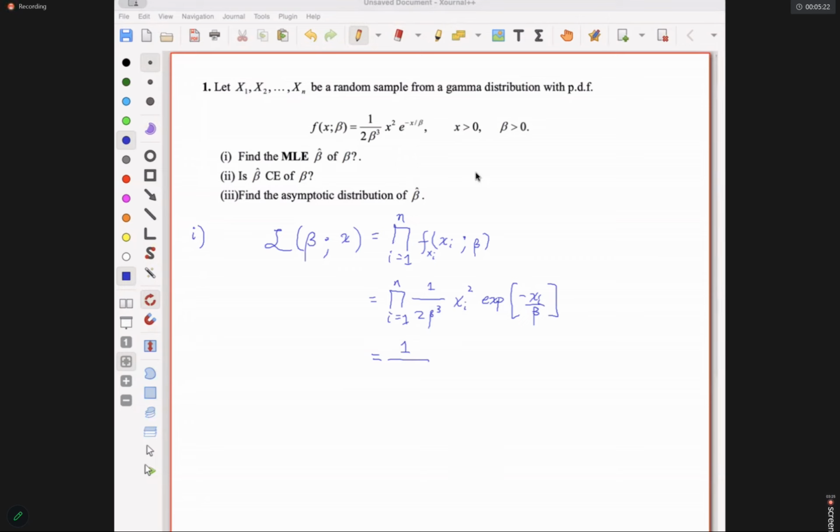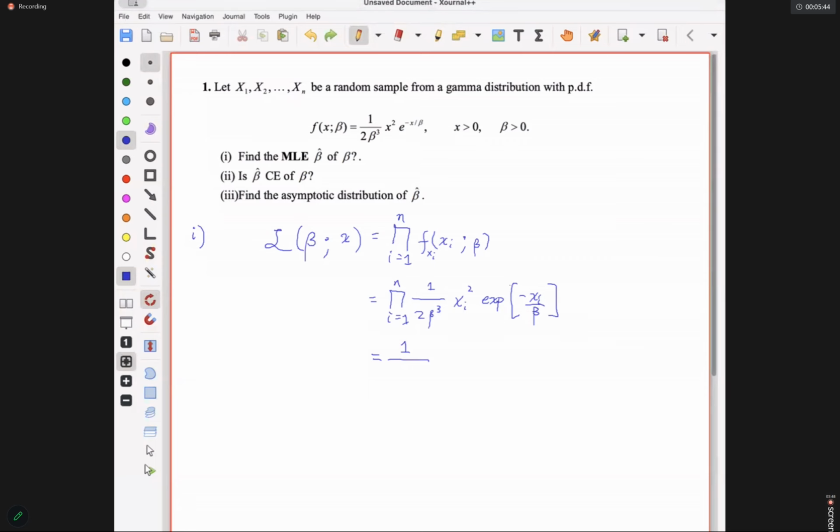Well, we want to bring this 1 over 2 beta cubed out. And remember that we are taking the product across n different terms, n different factors, because we've got i is 1, i is 2, i is 3, all the way up to n.